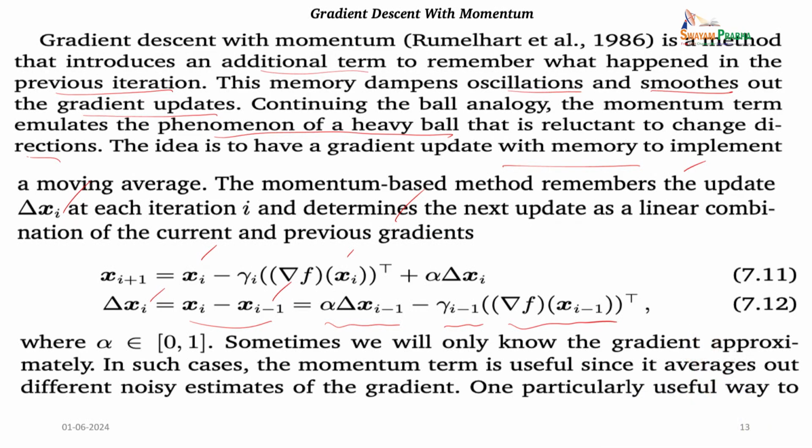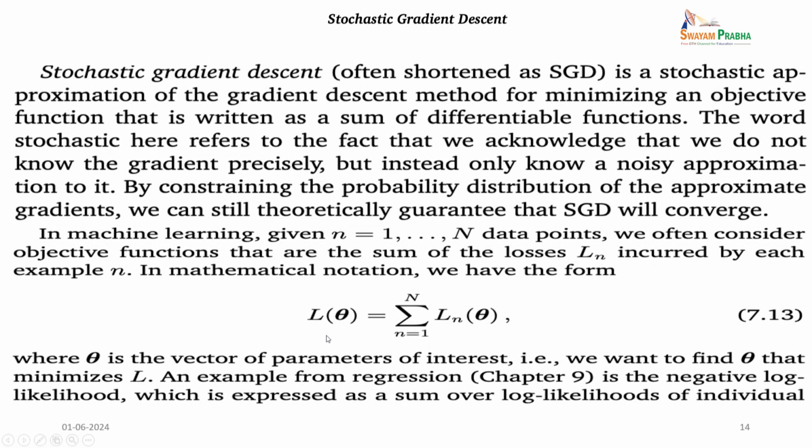Here alpha lies between 0 and 1. Sometimes we will only know a gradient approximation, and the momentum term is useful since it averages out different noisy estimates of the gradient.